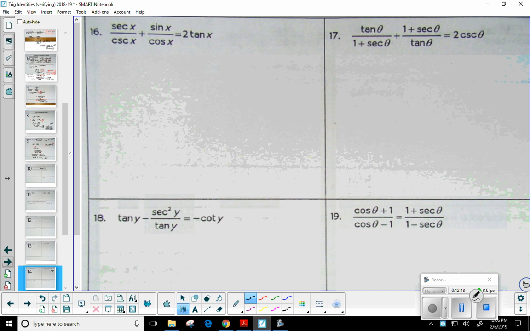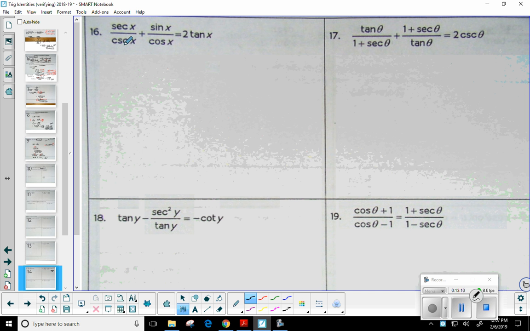So, what side would you like to start on, left or right? Probably the left. I think there's a lot more opportunity there to change things up. Okay, so ideas. How can I make the sum of those two fractions look like 2 tangent? We could start off with sine and cosine, making that tangent already. Okay. Now, is it going to be tangent?